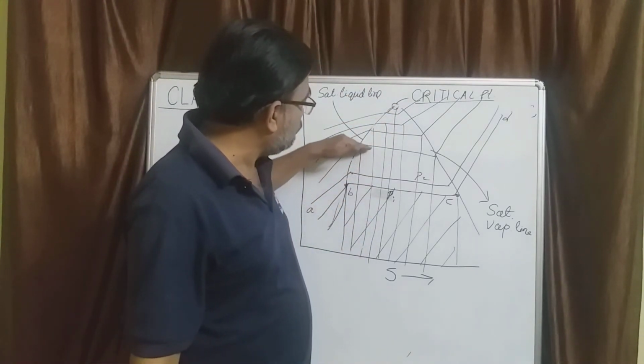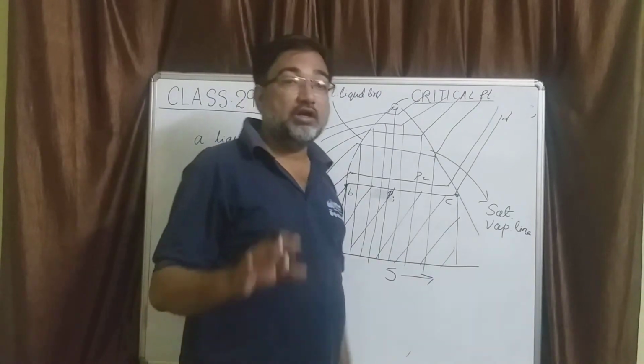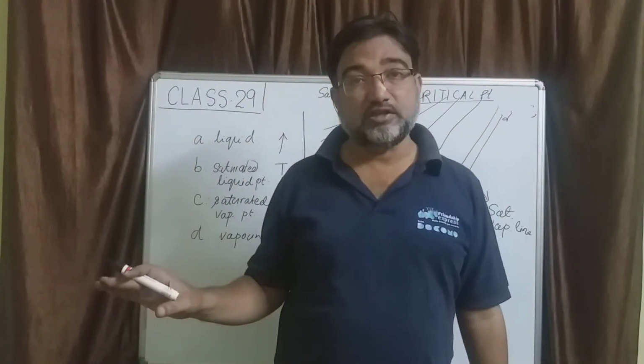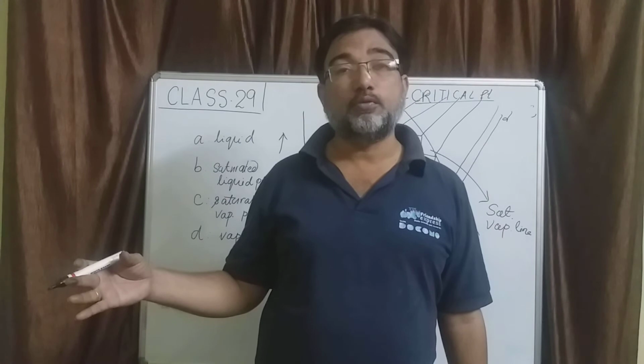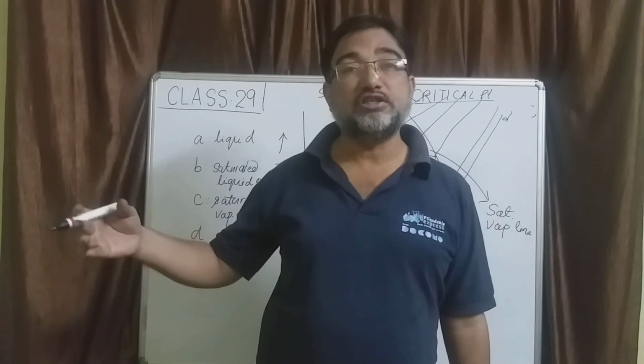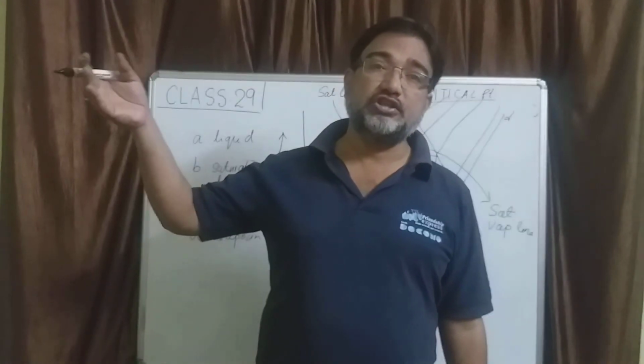The boiling point also is gradually increasing. So whatever is the boiling point for 1 bar, that is 100 degrees centigrade, for 2 bar that is different, for 5 bar it is different, for 20 bar it is different, for 60 bar it is different.